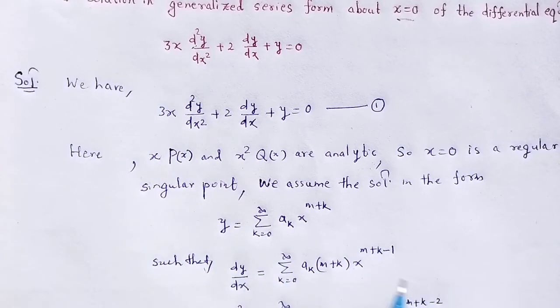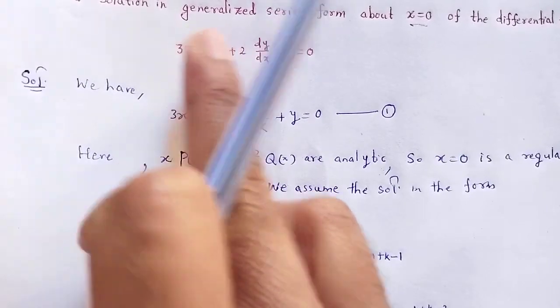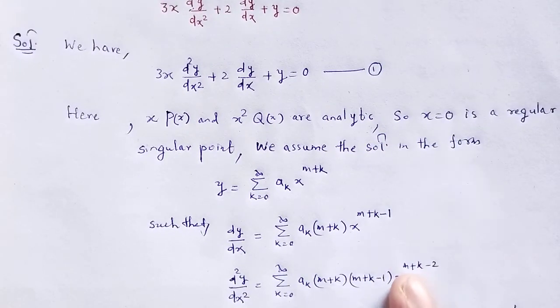in the d square y by dx square summation term, when multiplied with x to the power 1, the power will be m plus k minus 1.